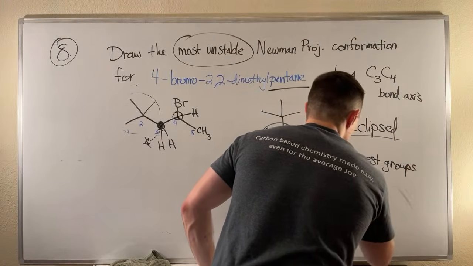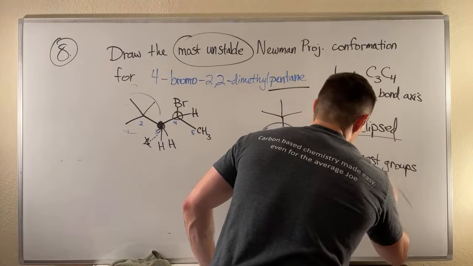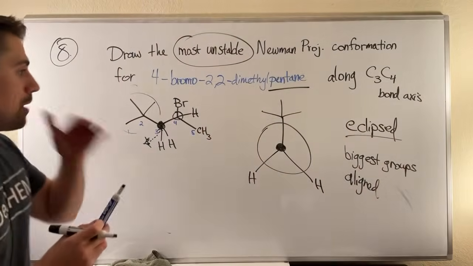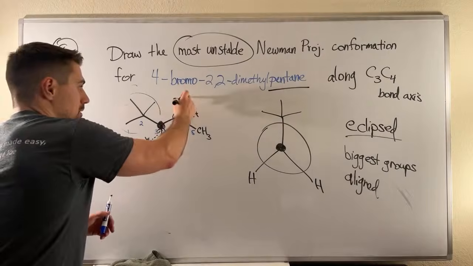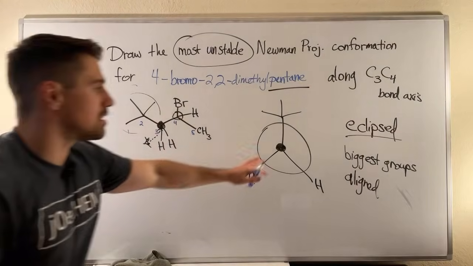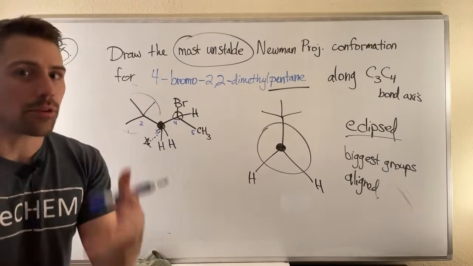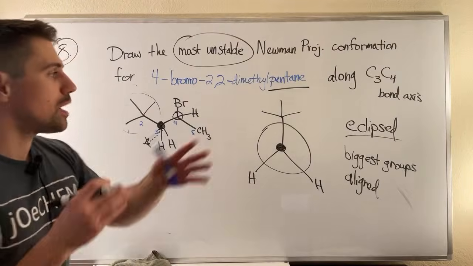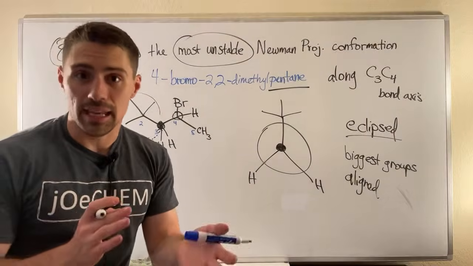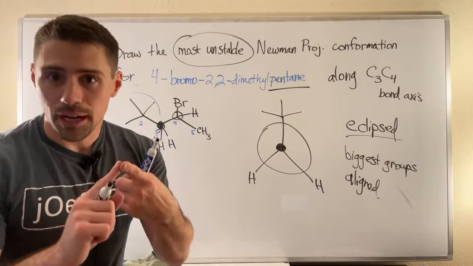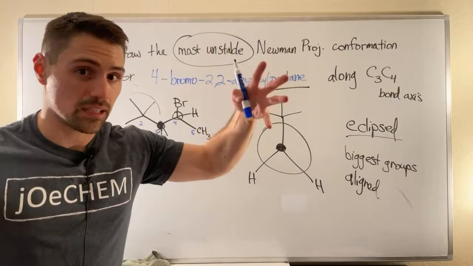Now, the biggest group on the back is this bromine. And I think it's very obvious that the biggest group on the front is this highly branched tert-butyl group. You'll get your biggest groups much like you think of them for cyclohexane substituents: highly branched and very big in terms of molecular weight.